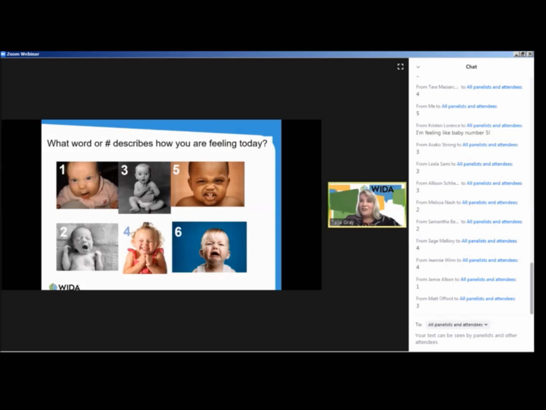I see lots of 4s. There's a 3. You're probably thinking, oh my gosh, what have I gotten myself into? I'm a 3 and a 4. Oh, that's good. 2 and a 4. So hopefully by the end of our time together today, you'll all be 4s and so excited to put some of these strategies into practice.